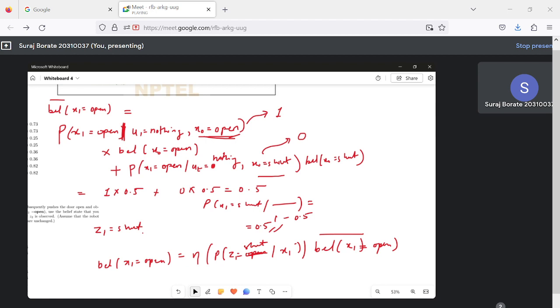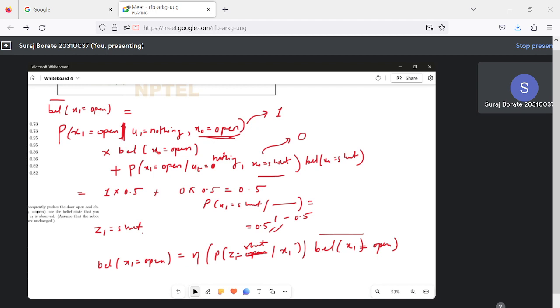In both the cases, if you add, the probability should be 1. Now, here you can take eta common and you have P of Z1 equal to shut given X1 equal to open, and this will come from the sensor model. We'll plug in the values from the sensor model for both these cases.